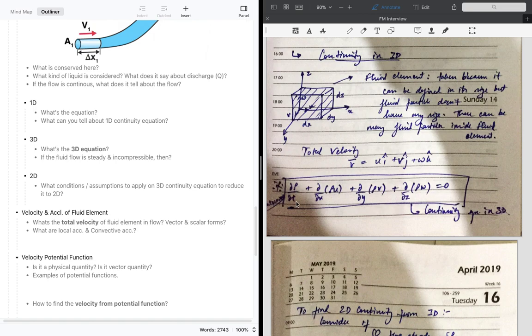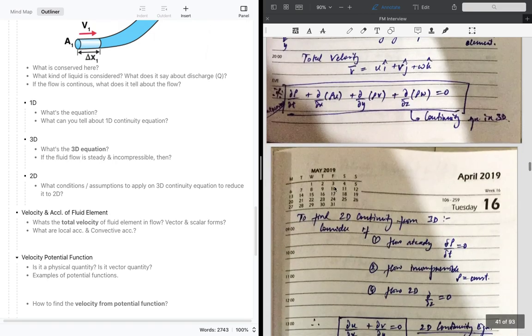The change in density with respect to time plus the partial derivatives of the velocity components, in total, is equal to 0. We can transform this 3D equation to the 2D equation.